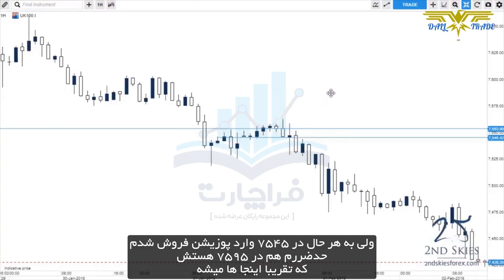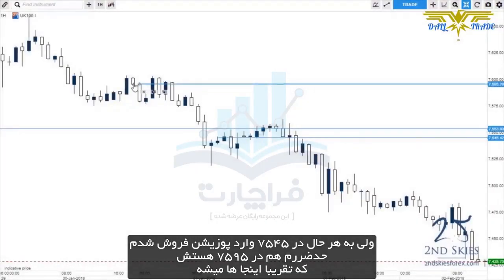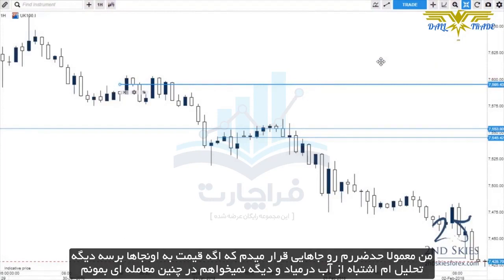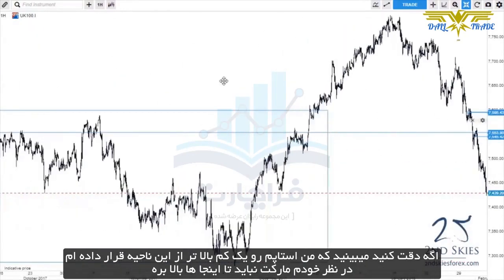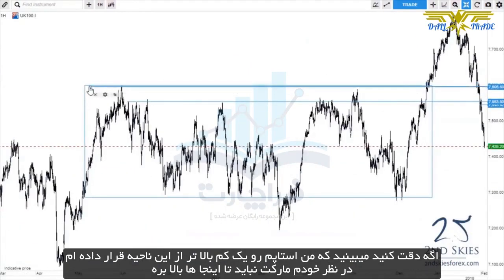In terms of my stop loss placement, that was at 75.95, and that's roughly right about here. I always place my stop loss in a location where this is where the market should not go if my trade idea is valid. If it goes there, then it has invalidated my trade idea. If you extend this out, you can see that I placed it pretty much at the top of this zone right here.